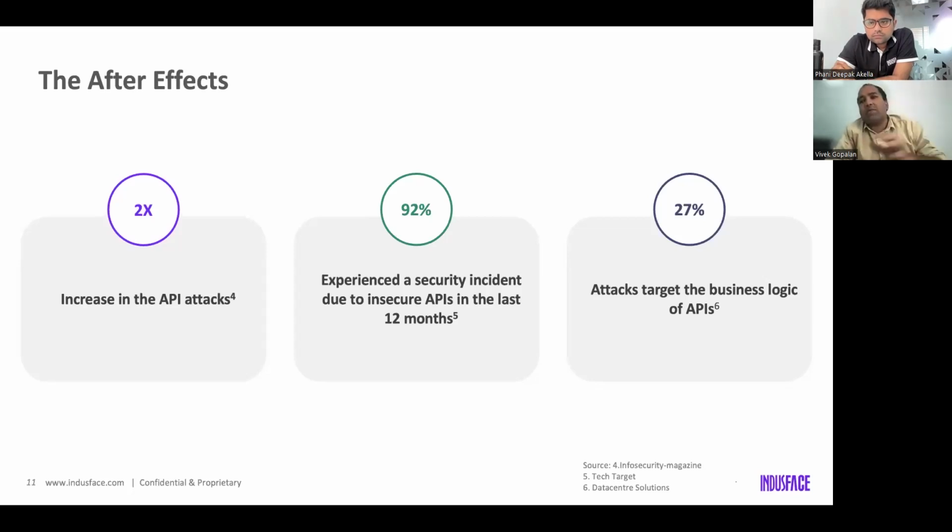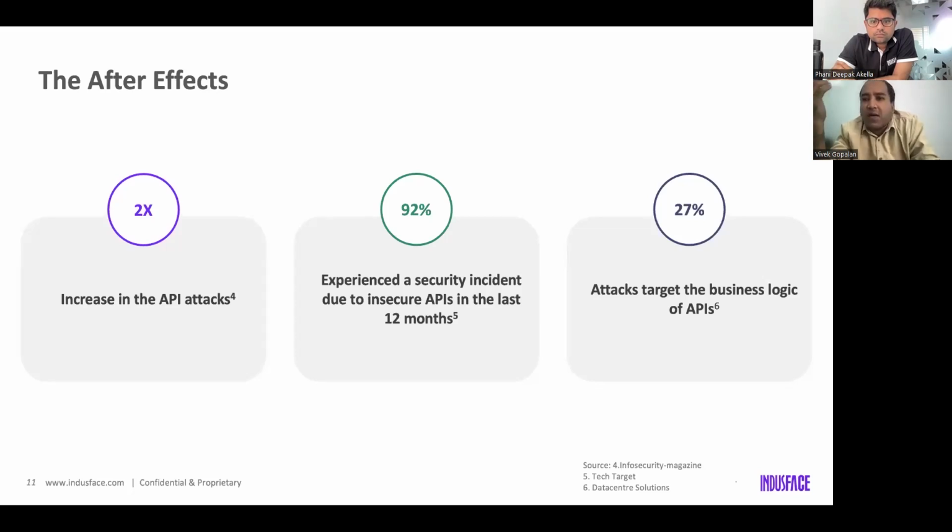Attackers are able to call APIs mimicking an actual user. So it becomes more and more tough for security controls to identify these attacks and block them. Now attackers are able to mimic a normal user, identify the business logic of an API, and then go ahead and exploit it.